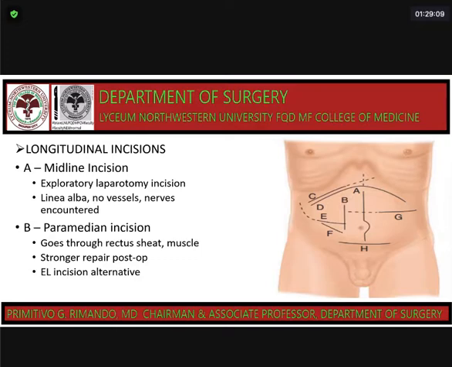But if you have an elective surgery, your patient is slightly malnourished, or you have diagnosed this patient to have a collagen disease, then your paramedian incision is the best alternative, because you have a stronger repair post-op. So your paramedian incision is also used for explore lap.